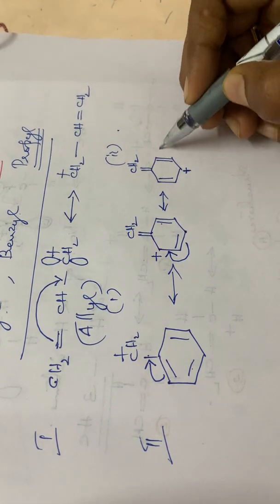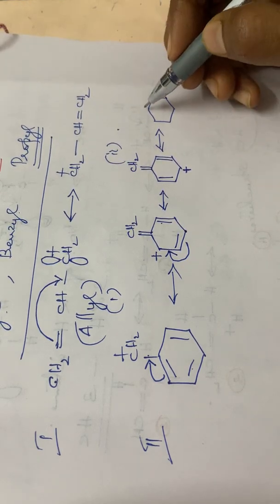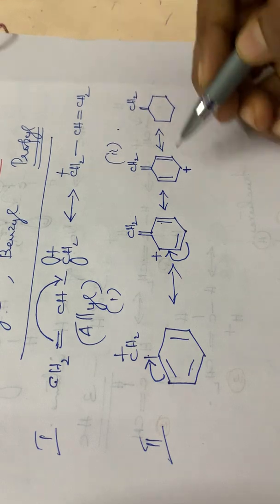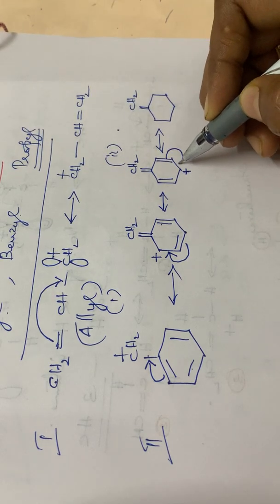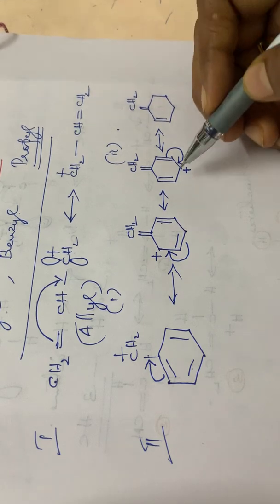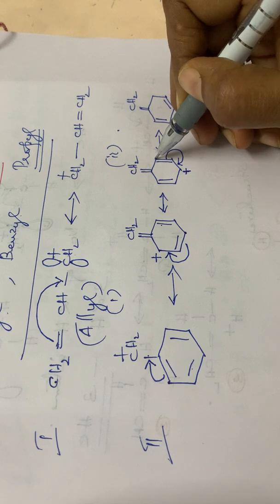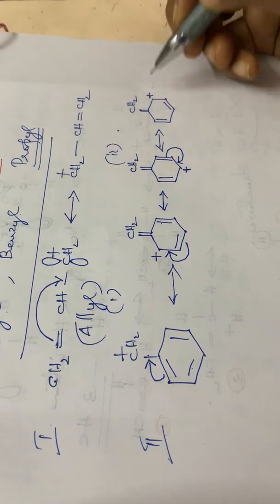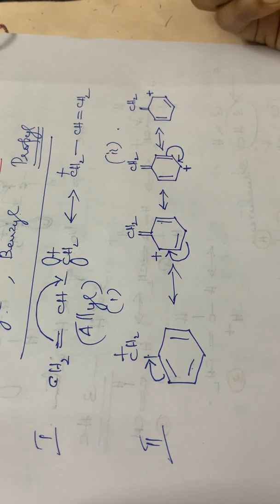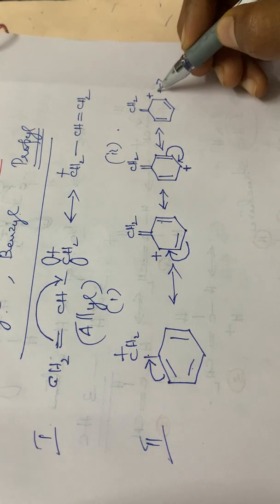Okay. Then the next structure, double bond CH2. Then what about this shifting? This pi bond will be shifted to this position. Already a double bond is there. So this pi electron will be moving to this position, so that this carbon will be getting a positive charge. So I am representing the positive charge right there. Okay. Then what is the next structure?